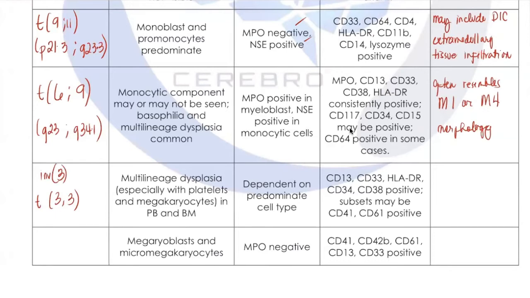Okay? So that's why, if you would notice, nandito yung ating CD41 tsaka CD61 because of the effect on the megakaryocytic series. So this type of AML often resembles, okay, M1, M4, or the M7 morphology.